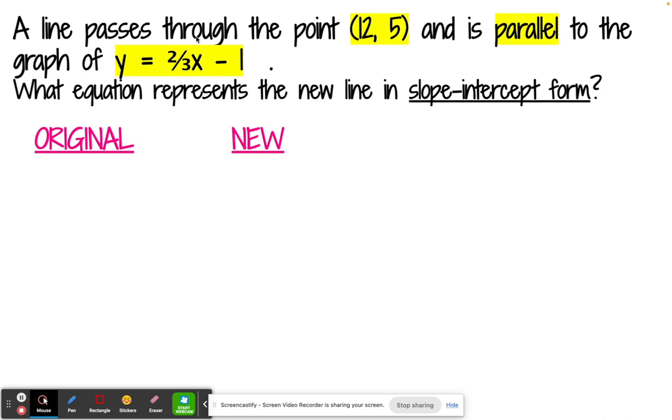Let's try another one. I want an equation of a line that's parallel to y equals 2/3 x minus 1, but that goes through 12, 5. So again, my original equation is y equals 2/3 x minus 1. What is my new b, or my new y-intercept?